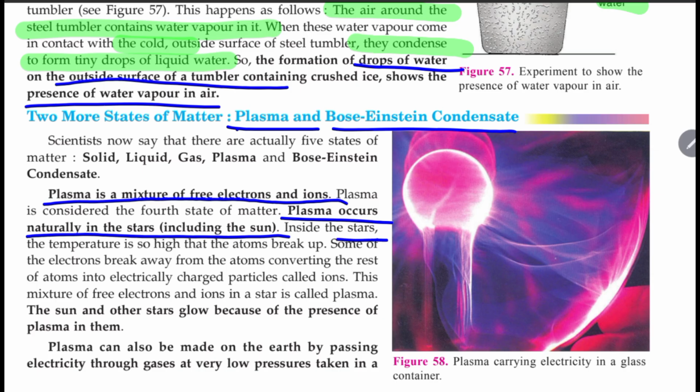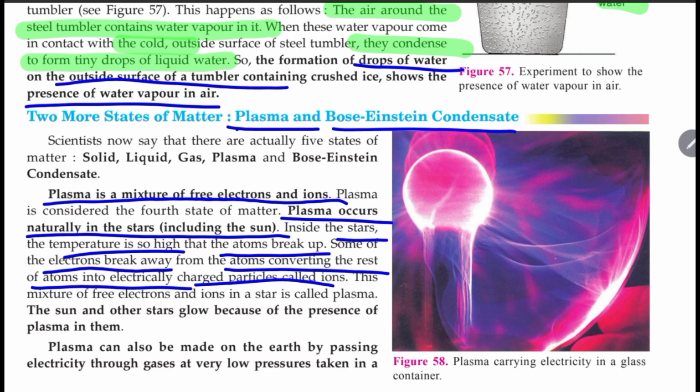Inside the stars, what happens? The temperature is so high that the atoms break, and some of the electrons break away from the atoms, converting the rest of the atoms into electrically charged particles called ions. So this is the plasma state.